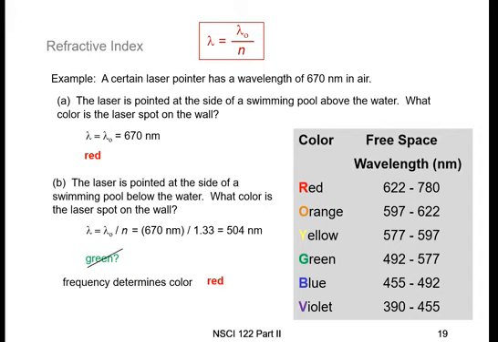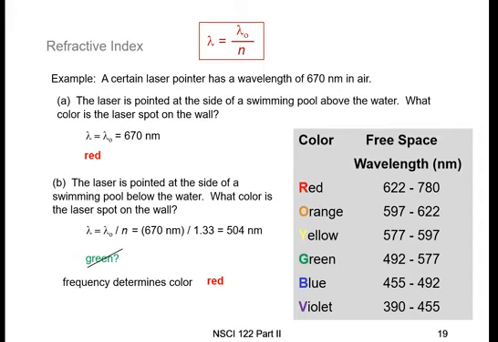It's a little confusing, but if you remember that it's frequency that determines spectrum and color, I think it's easier to avoid that trap. So again, we love to use free space wavelength to determine parts of the spectrum. I think it's just because it's easier to visualize wavelength. I can see distance from crest to crest.